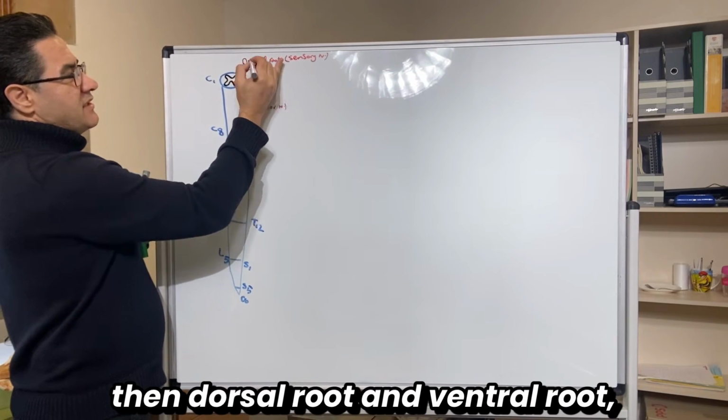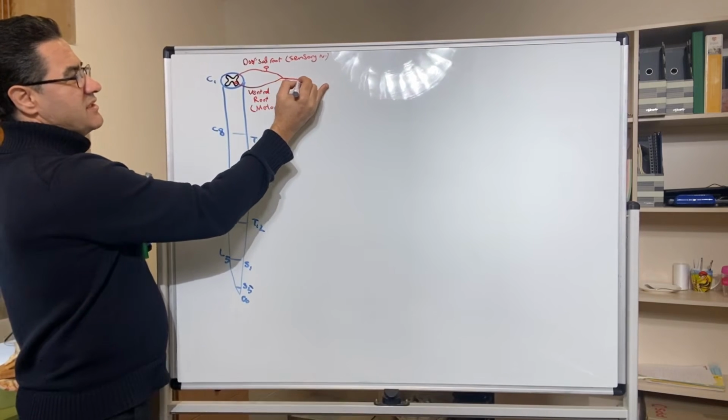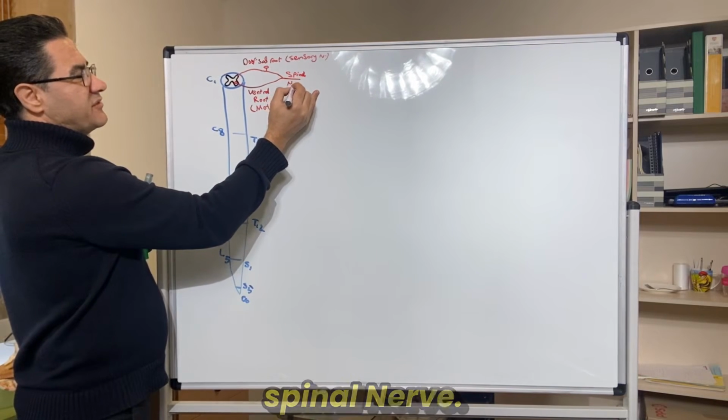Then dorsal root and ventral root, they join together, make spinal nerve.